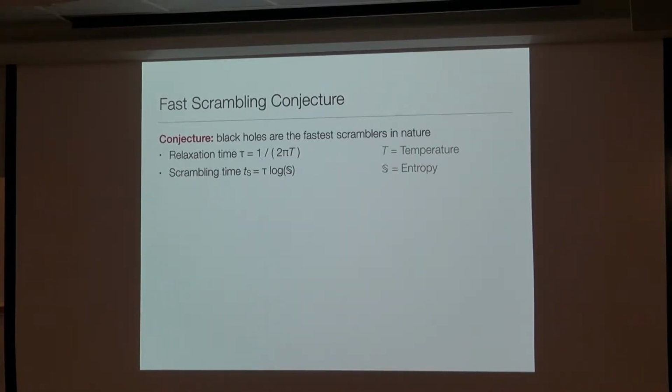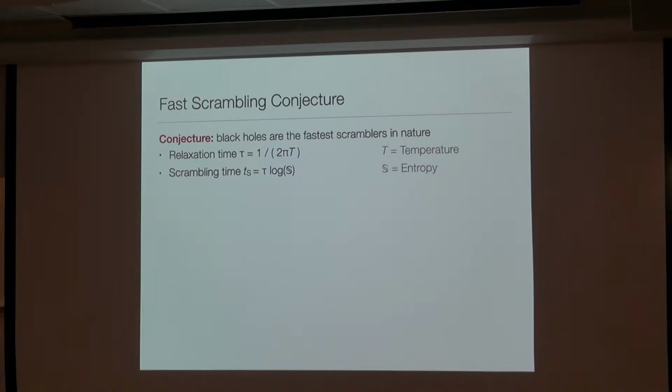In that context, it's been shown or conjectured that there's a fundamental limit to how fast information can spread. If there's some time scale for local observables to equilibrate, which is set by the temperature, the conjecture is that the fastest the information can spread over the entire system is longer by something that's the log of the entropy of the black hole.